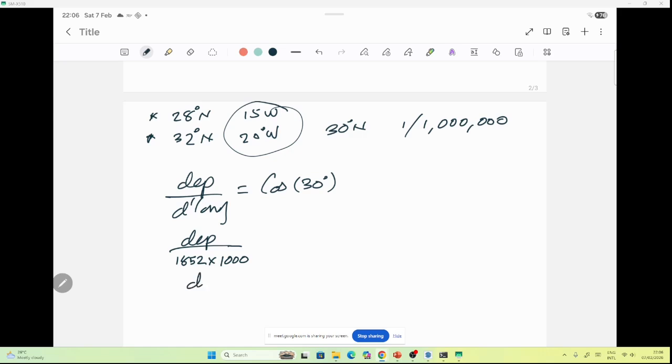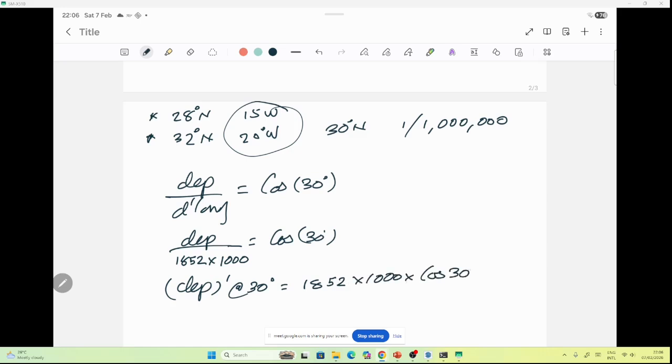So 1 minute of departure at 30 degrees is 1852 into 1000 into cos 30 degrees.